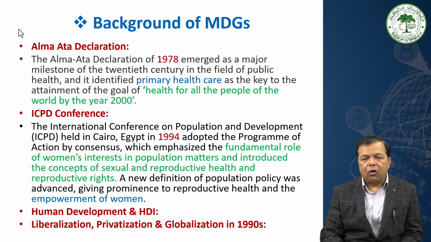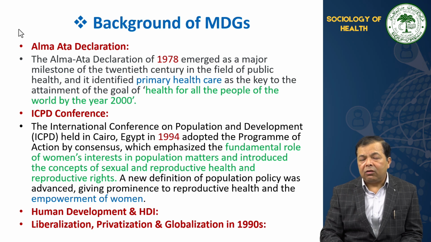So this ICPD conference is very important because it talked almost for the first time on issues like sexual and reproductive health and reproductive rights. So ICPD is known for the discussion on reproductive health and reproductive rights. But along with that, it also talked about sexual health and sexual rights.